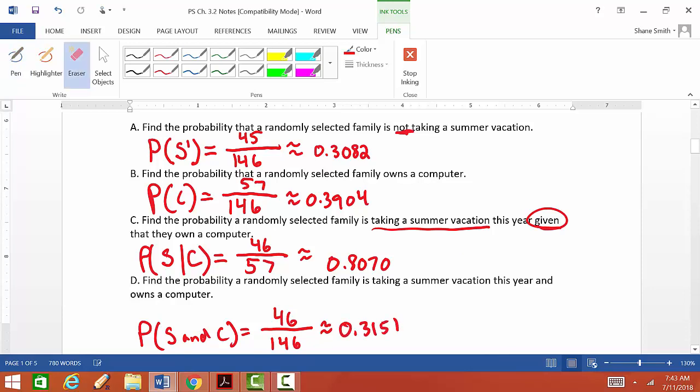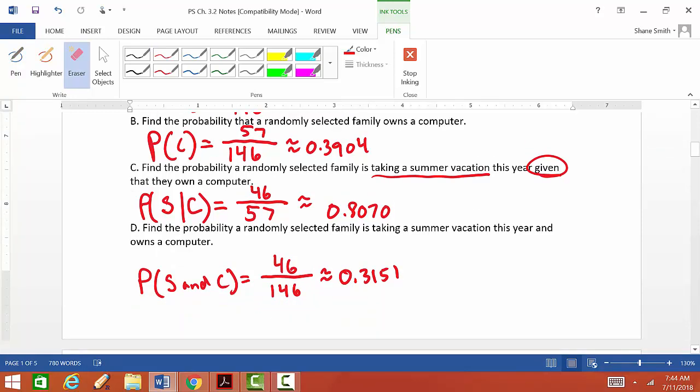Notice that if you look at part C and D, the problem is almost identical. The only difference is the word given and the word and, pretty much. Very often in reading we skip over the word and because it's just a conjunction. It doesn't really have a lot of meaning in a sentence itself. But the difference here is very important.